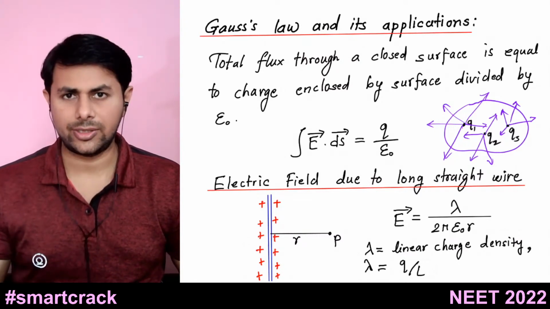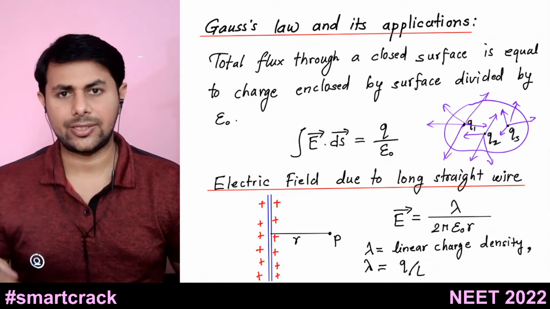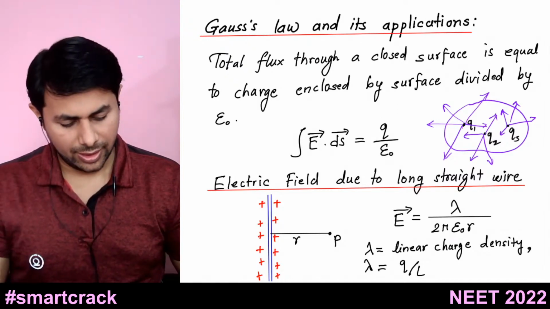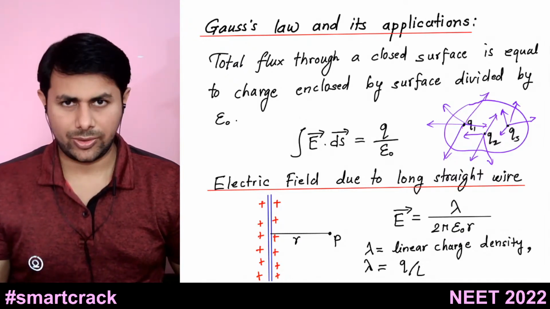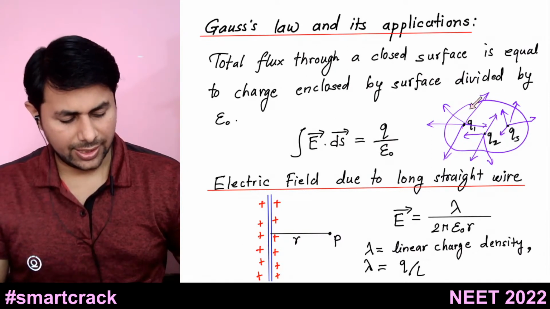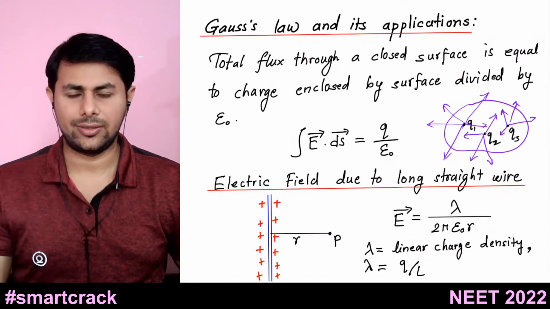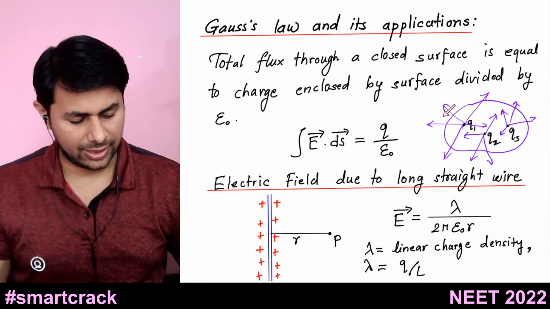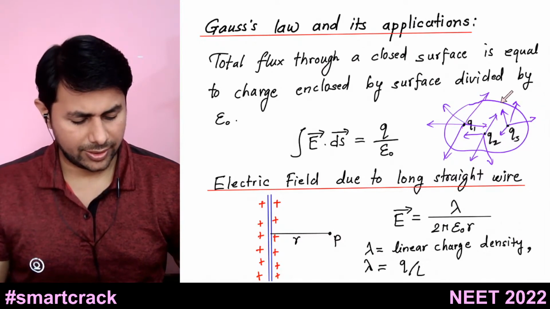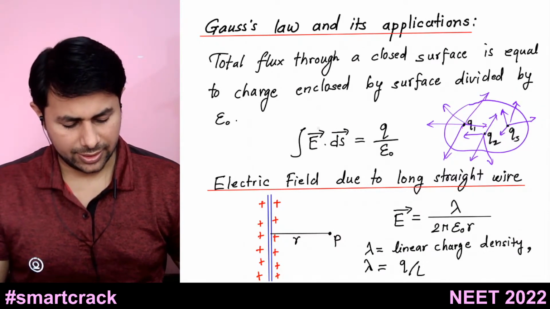If it is positive, radially outwards. If it is negative, radially inwards. So the addition of all these electric field lines passing normally through this closed surface is given by this integral.